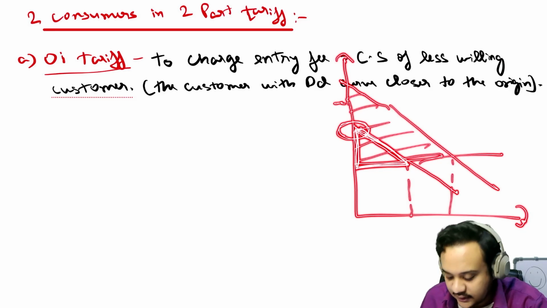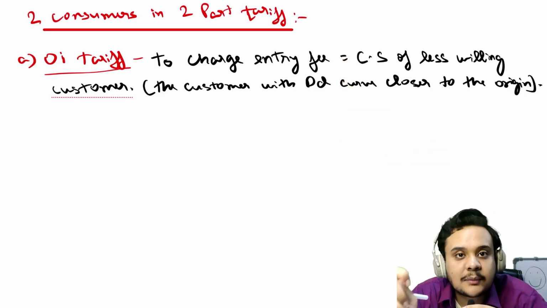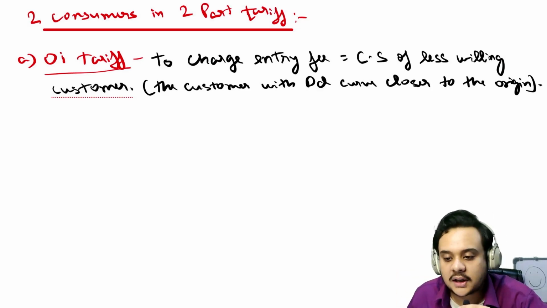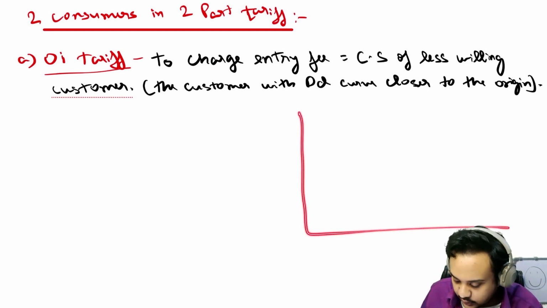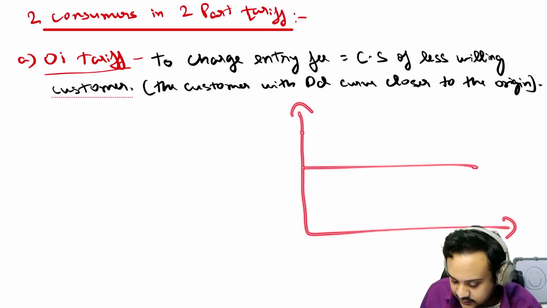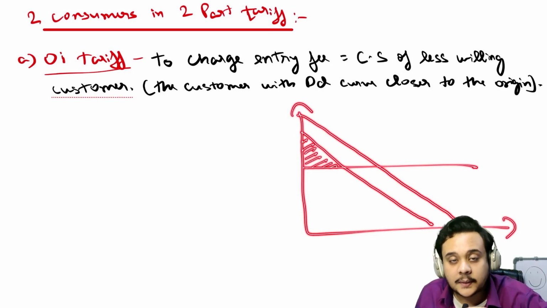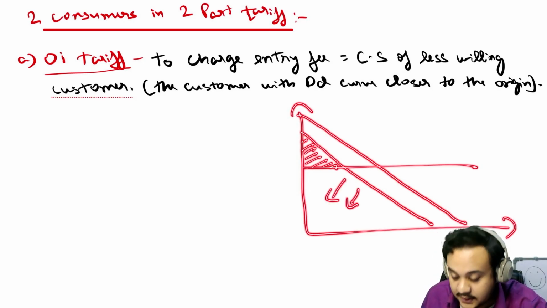So this cannot be the entry fee, because the entry fee has to be the same for all the customers, right? You cannot have different entry fees for different customers based on their willingness to pay. So for the two customers that you had, you charge the entry fee as the consumer surplus of the less willing customer, who has the lower demand curve, whose demand curve is closer to the origin.